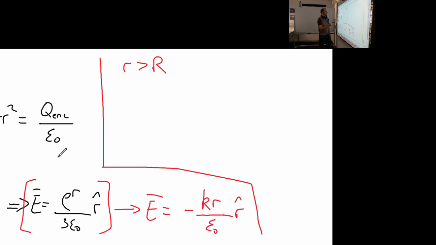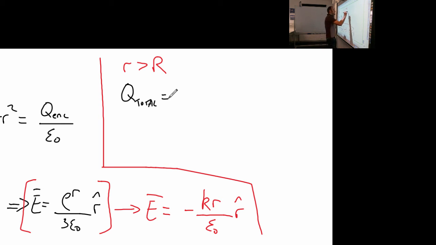Well, what we must do is look at what the total charge is, and the total charge contribution is going to be equal to what's on the surface and also what's in the volume.